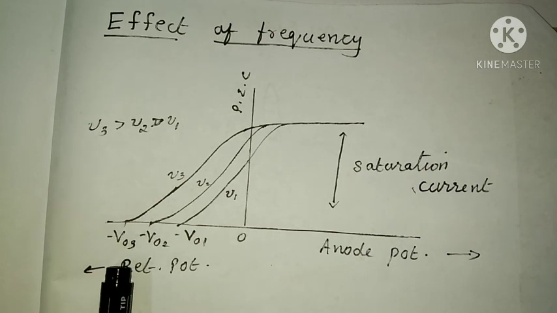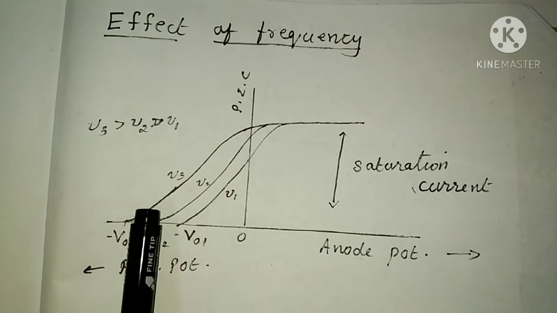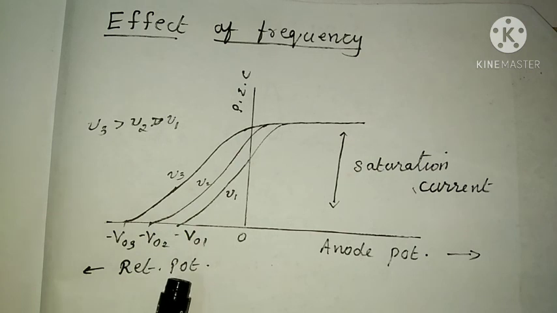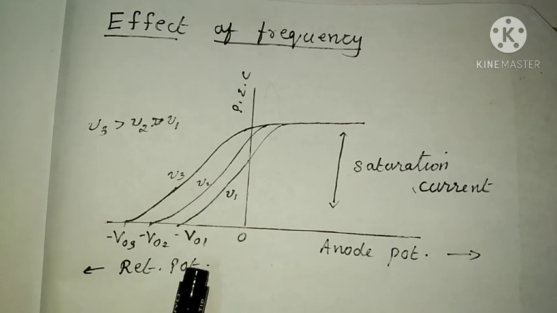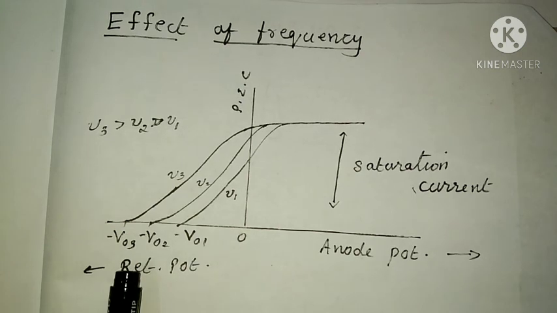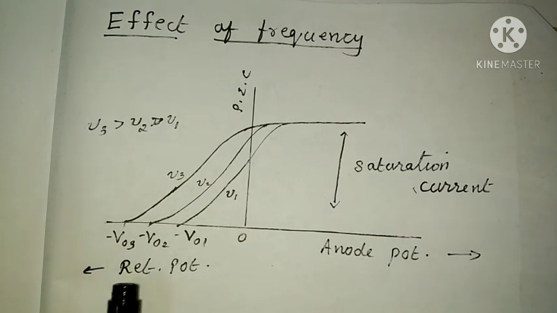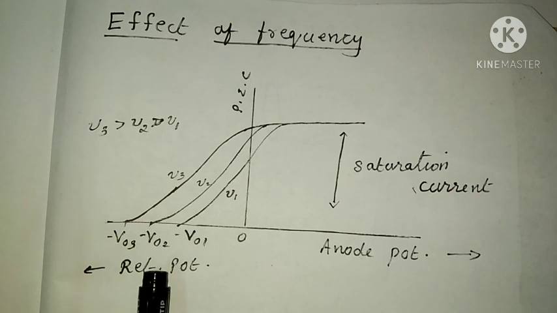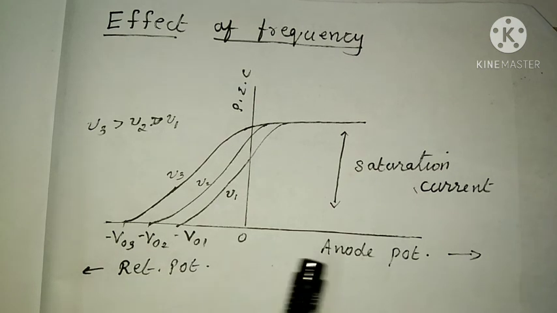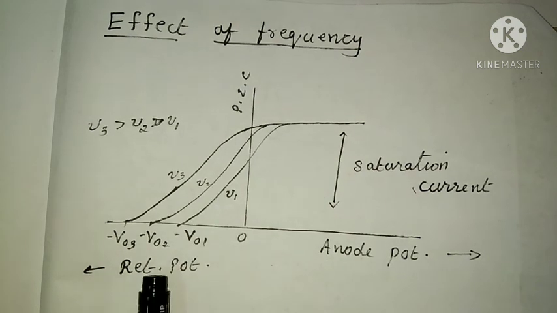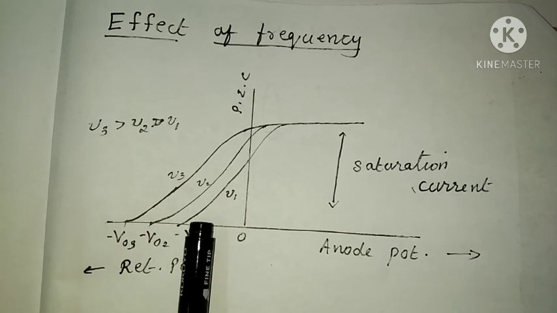So this implies that the greater the frequency of incident radiation, the greater is the maximum kinetic energy of the photoelectrons, and hence the greater is the retarding potential required to stop such electrons completely. So the stopping potential is independent of intensity. Stopping potential depends only on the frequency of the incident radiation.